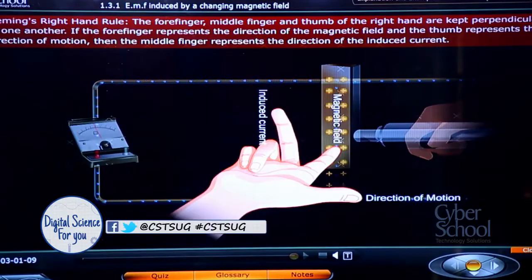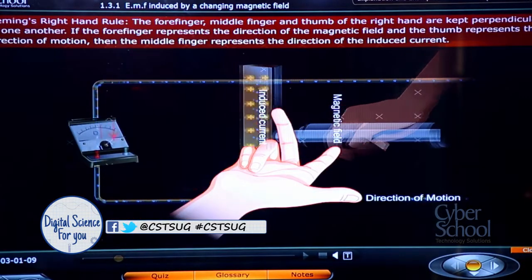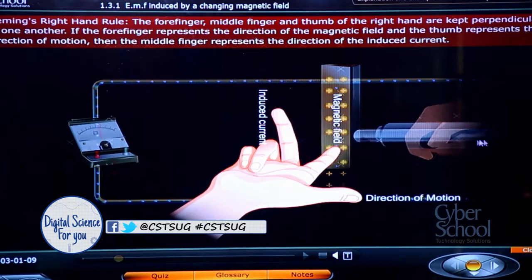In order for us to establish the direction of the current, we need to use what we call Fleming's right-hand rule, as we are going to see in the following animation. In this rule, the thumb represents the motion of the coil.